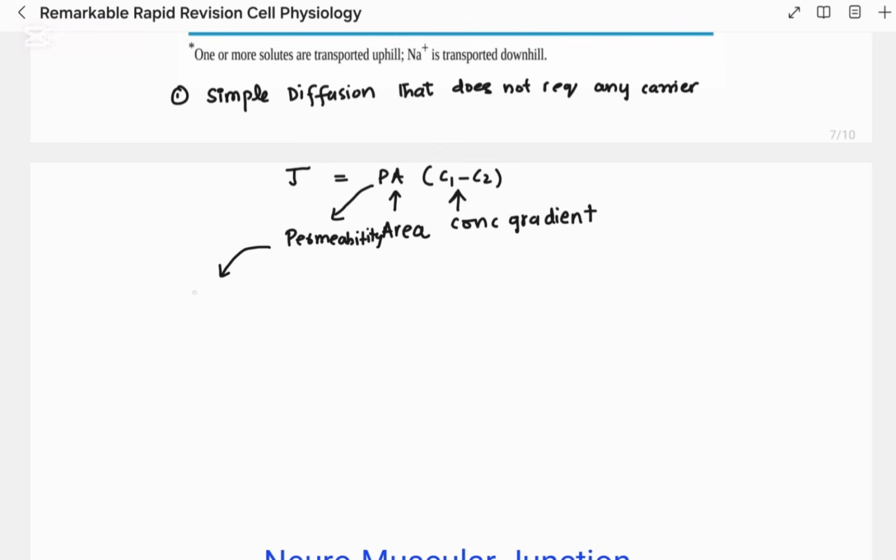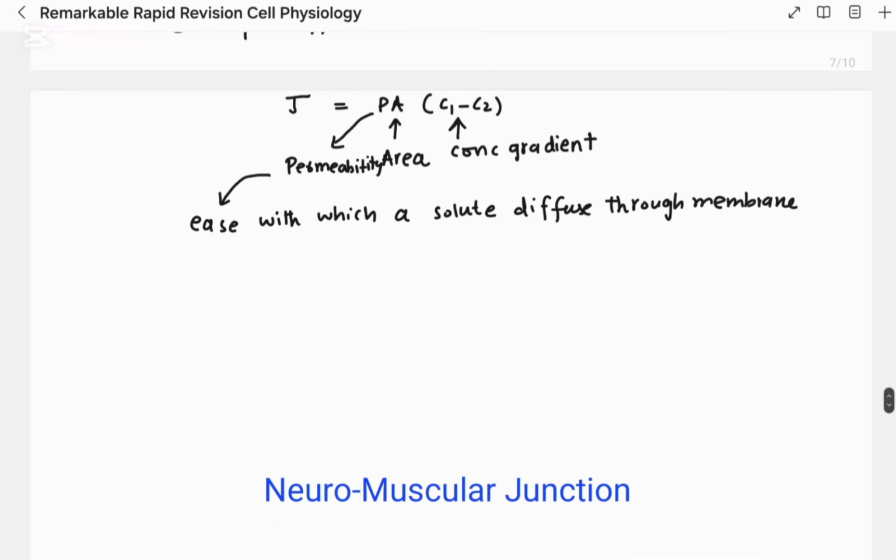And this permeability is basically the ease with which a solute diffuses through the membrane. This permeability is dependent on various factors, and one important one is the oil-water partition coefficient.